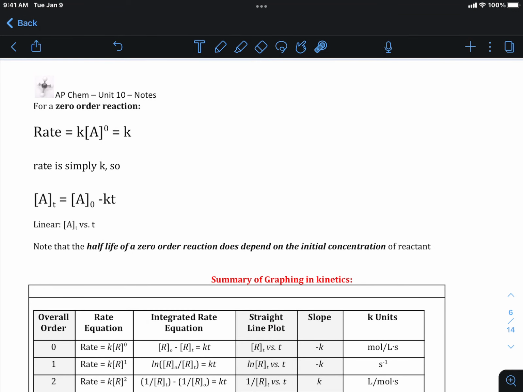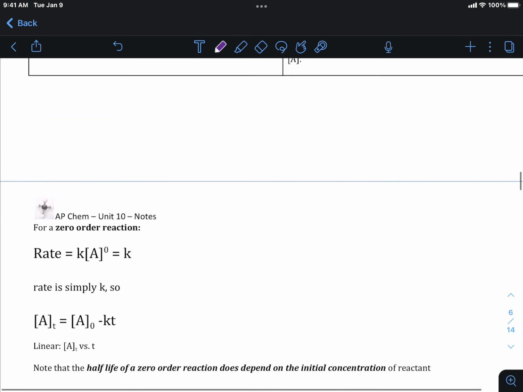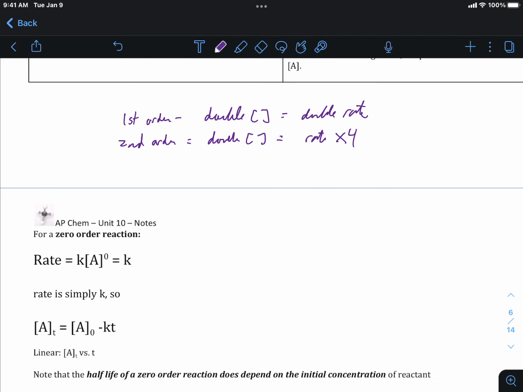Well, what if there's a zero order reaction? Let's refresh what these mean, right? Remember how if it's a first order reaction, that means double the concentration equals double the rate, right? If there's a second order reaction, that means if you double the concentration, the rate quadruples.